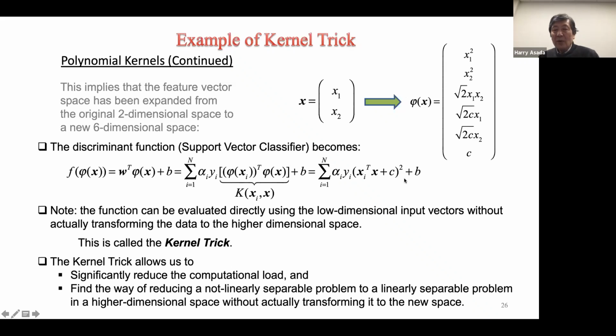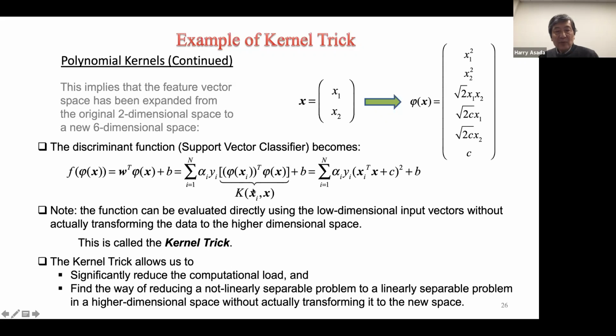We can also go back to support vector machines and evaluate this simply. We end up with this discriminator function. X is replaced by phi, and then optimizing w and plugging that in, we end up with this, where phi x shows up only as an inner product.